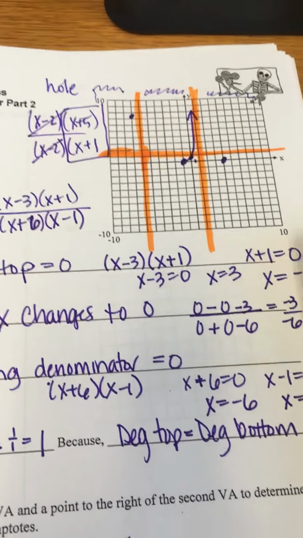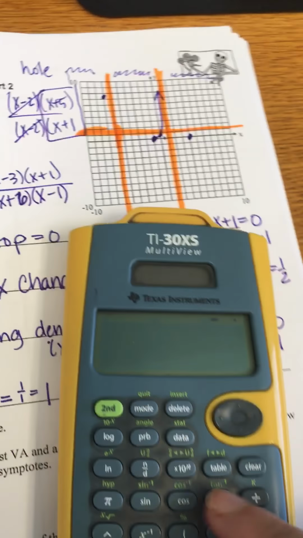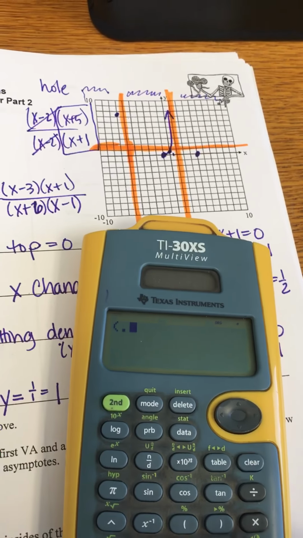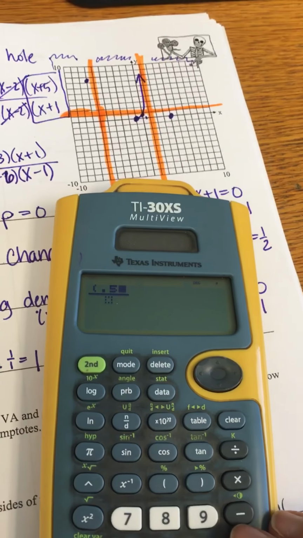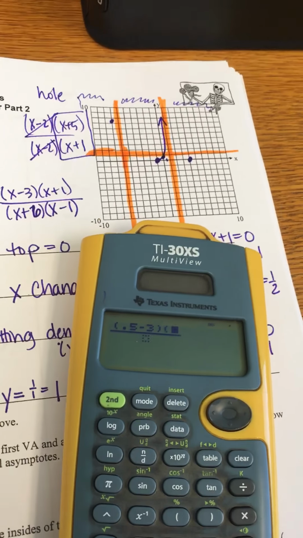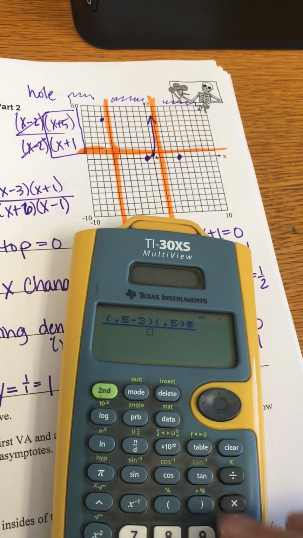So like 0.5. I'm going to try the factoring part. 0.5 minus 3 times 0.5 plus 1.